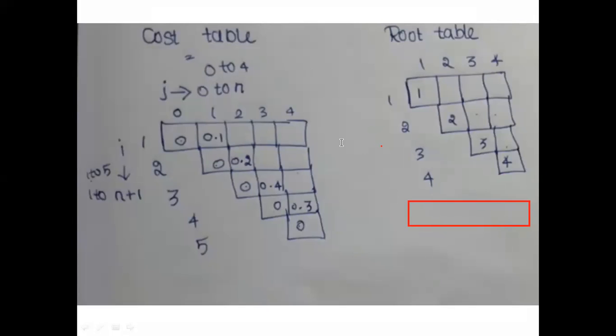In the vertical direction also write 1, 2, 3, 4. So we are going to construct 1 to 4, and it is divided into 2 parts.